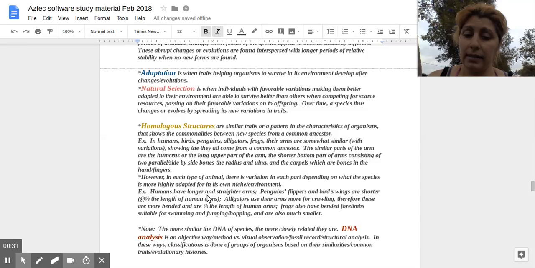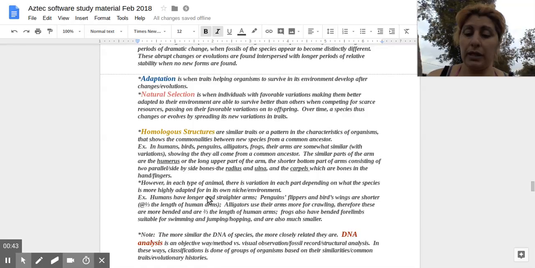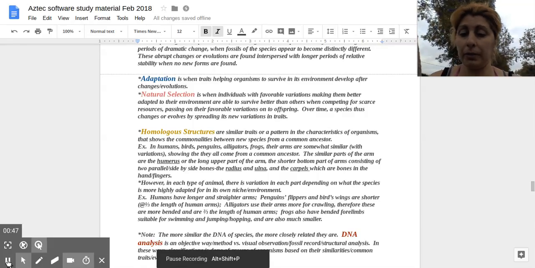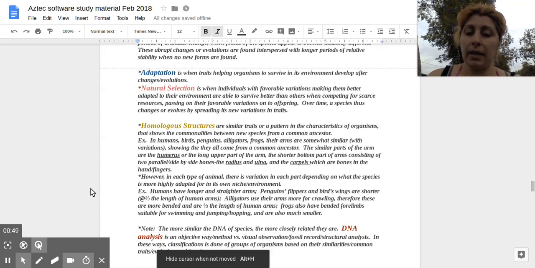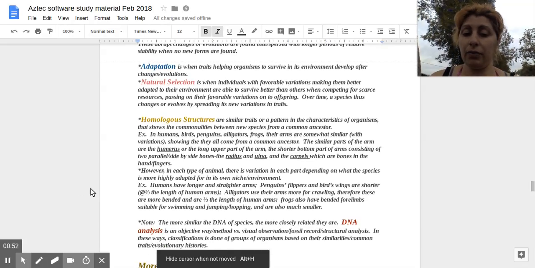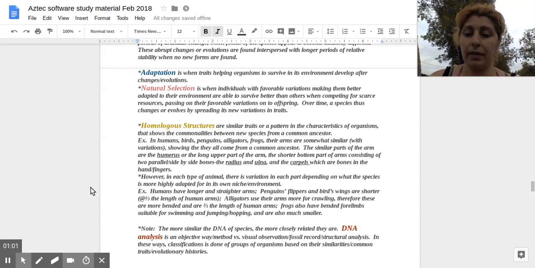DNA analysis is an objective way, versus visual observation, which is also used. DNA analysis using microscopes, at a more molecular level, gives more specific results about the evolutionary histories of various organisms and the commonalities of their DNA.